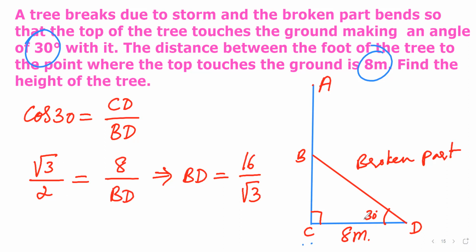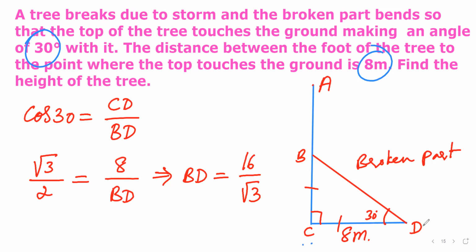Next, what I can do is use another triangle. So we can consider one more triangle, that is tan 30 equals the opposite by base. So tan 30 equals BC divided by CD, which is BC here.